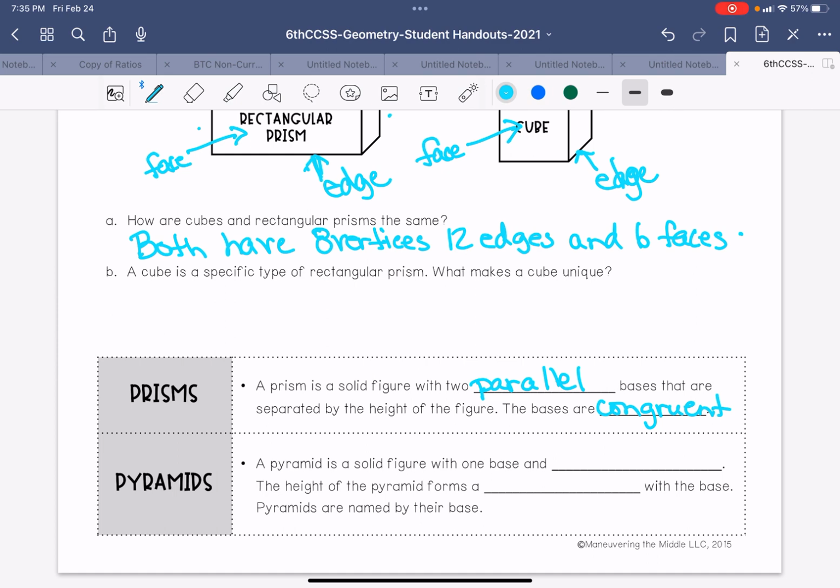A pyramid is a solid figure with 1 base and triangular faces. The height of the pyramid forms a right angle with the base. Pyramids are named by their base. So whatever the base is, that is the name of the pyramid.